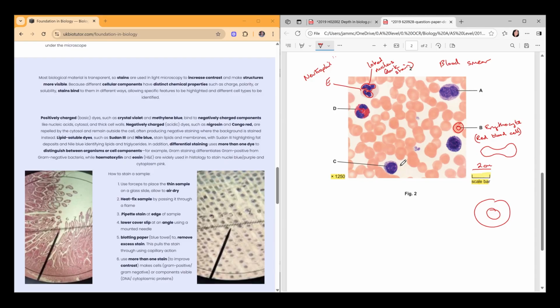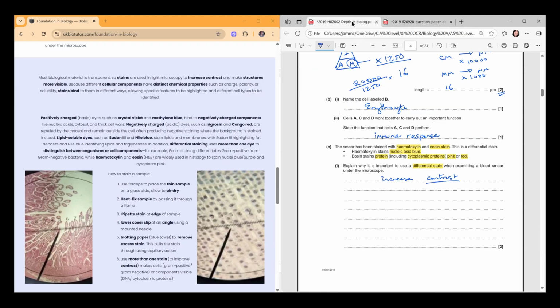Whereas when we're looking at the leukocytes, our neutrophils, our macrophages, our lymphocytes, what we're noting here is that these white blood cells have got their nucleic acid contained within a nucleus. And we can see that because we can identify them, A, C, and D, compared to B. So it allows us to count.